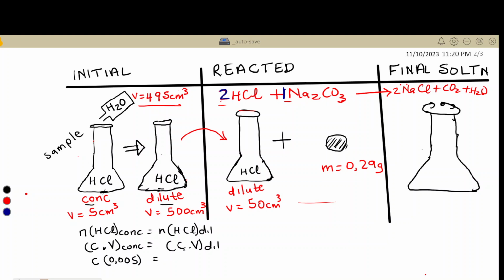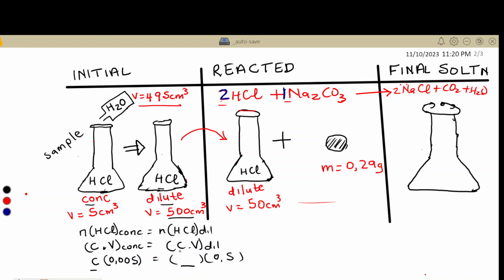Now we don't know the concentration of the dilute, but we do know the volume: 500 cm cubed divided by 1000 is 0.5 dm cubed. So this is the method here. If we can find the concentration of the dilute, we can find the concentration of the concentrated. So we're just going to divide by 0.005. Then that's the concentration of the concentrated HCl.